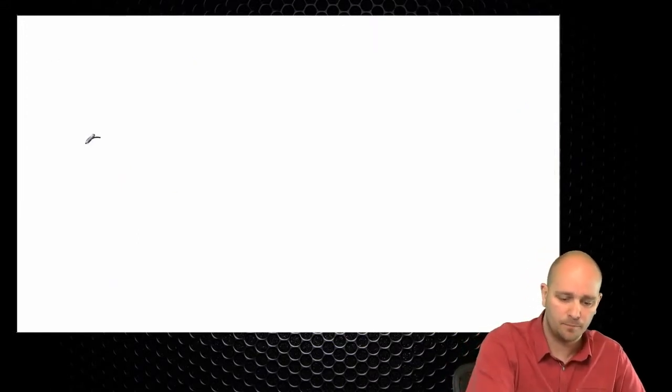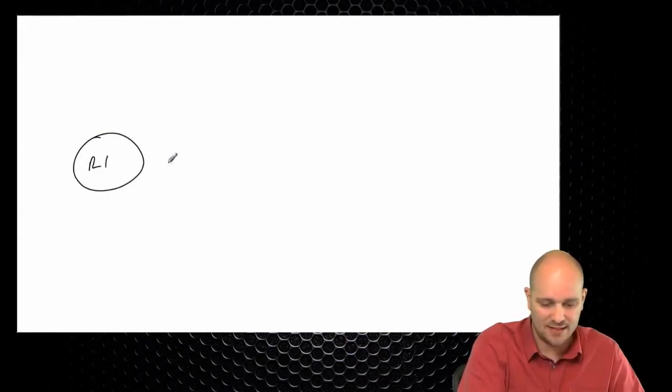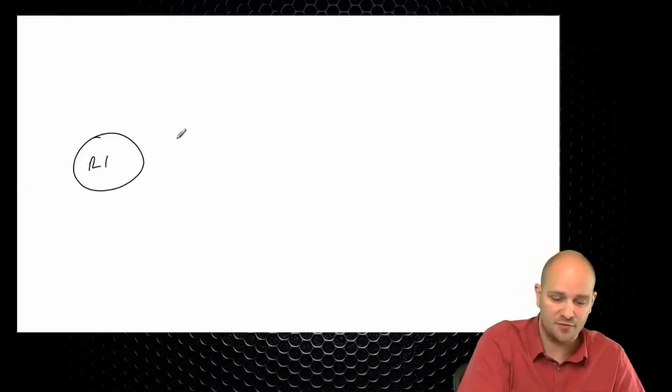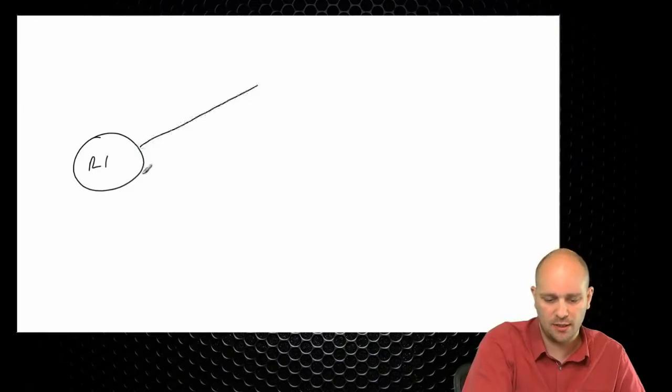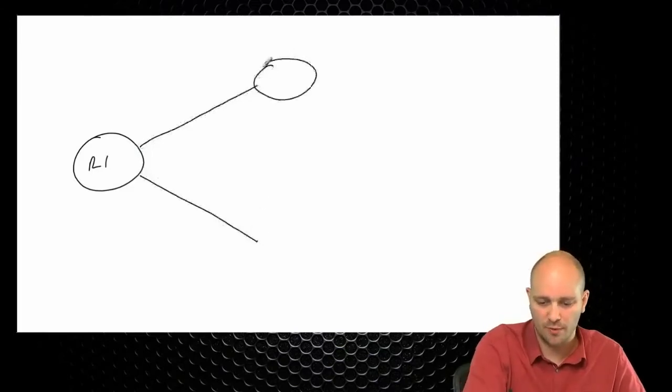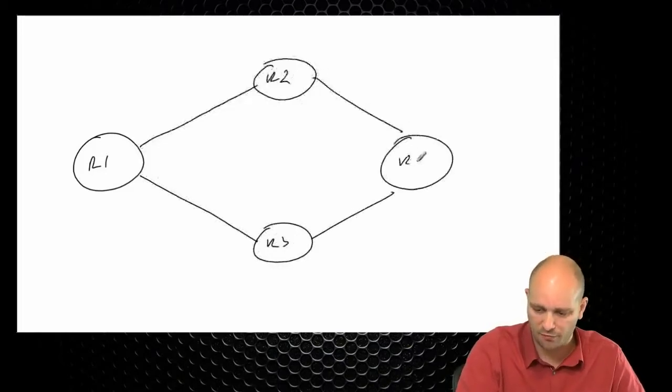So again, I'm going to have R1, and to understand why we might need this, I need to have a slightly different scenario. So let's use the same network. So this is going to be R2, R3, and R4.